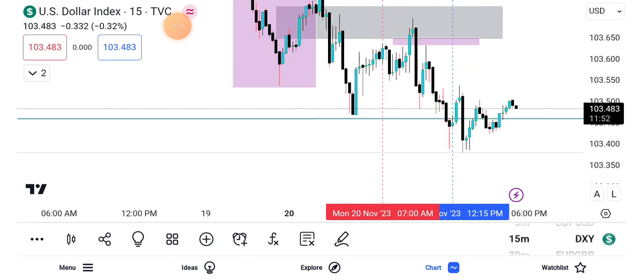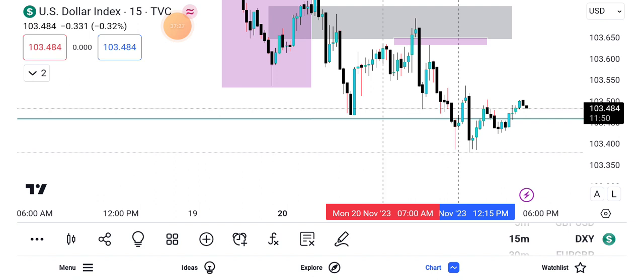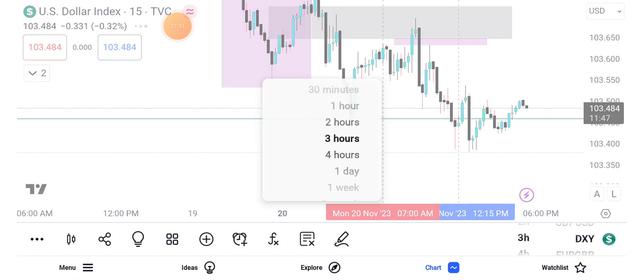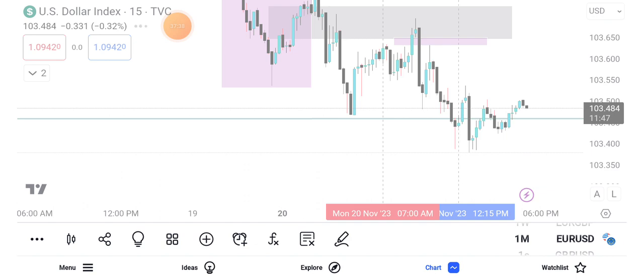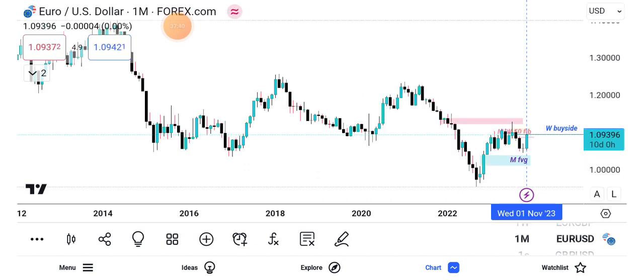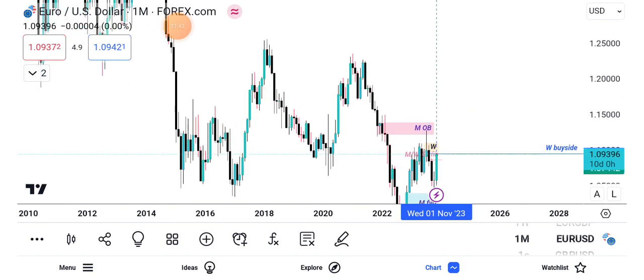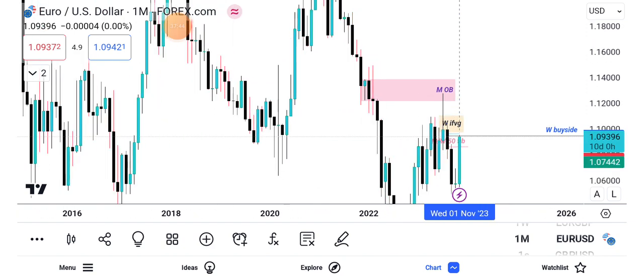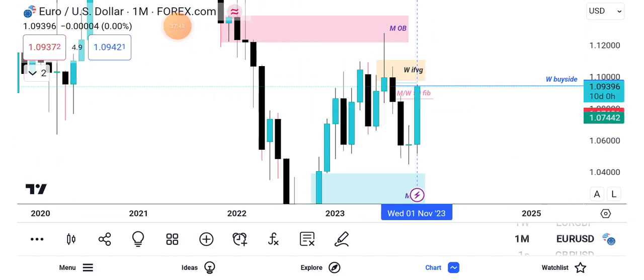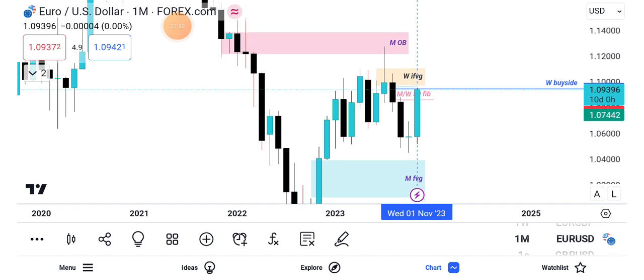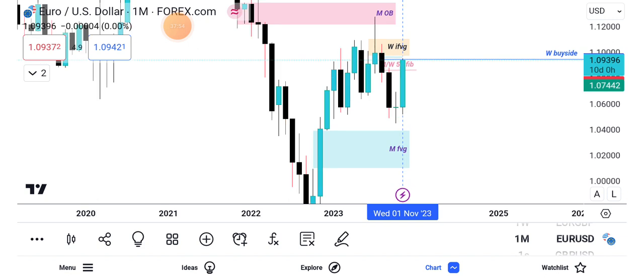The inverse is true for Euro. I don't know whether we can go to Euro. Let's really go back to EUR/USD. We do it faster. We see how these worked out, so around this zone, you can see also here.